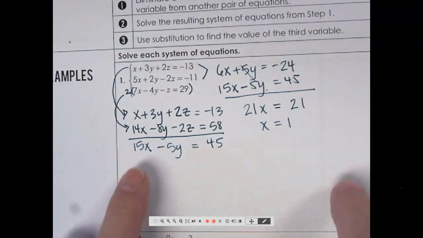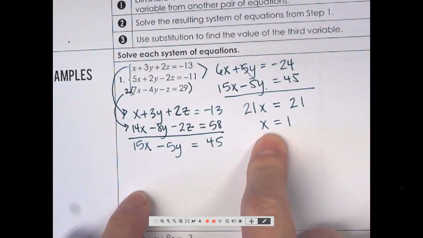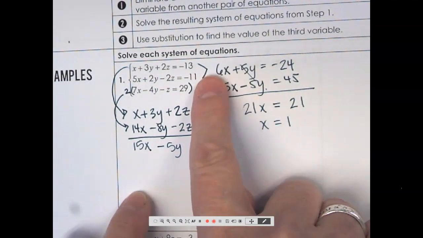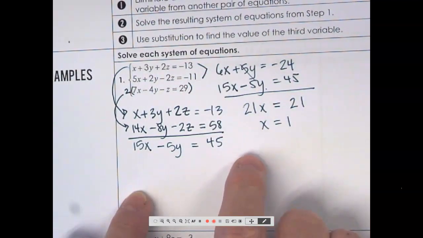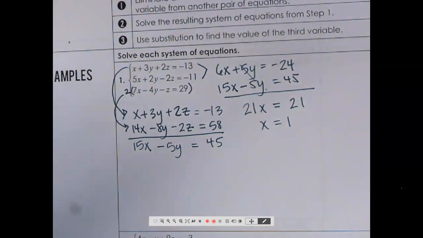And how I'm going to do that is use one of these 2 equations. Plug my x in, find y. I'm going to use that top one, I think. Then once I have y, we'll go back to the original 3, plug x and y in to find z. Okay?